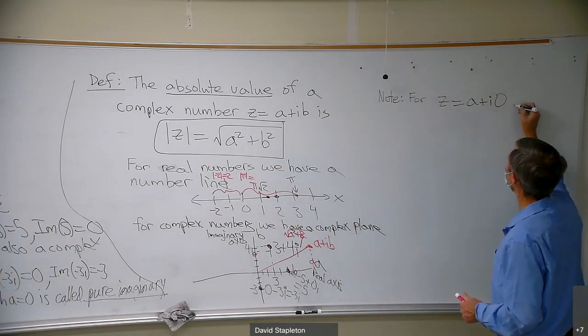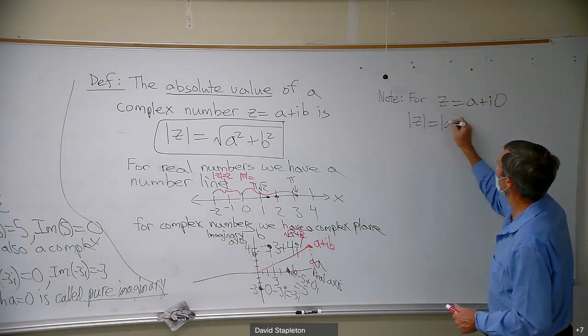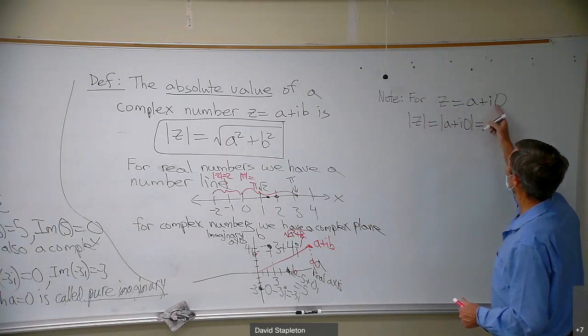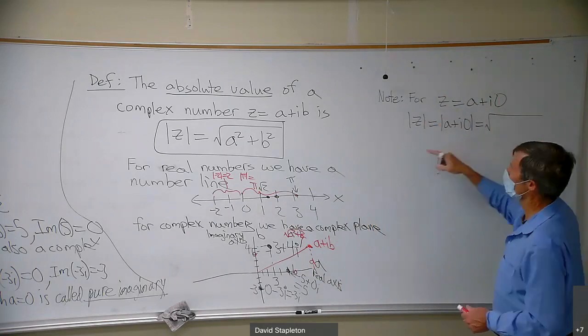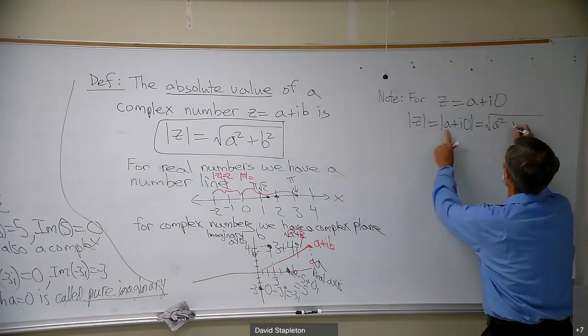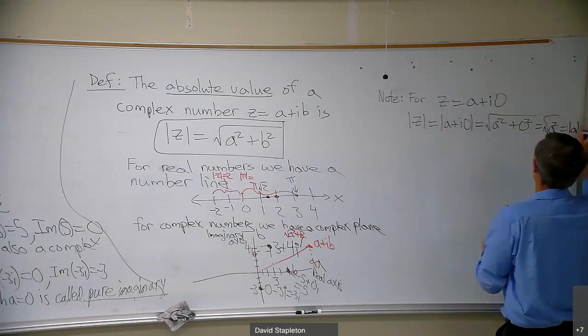The absolute value of z is now the absolute value of a plus i0. So any real number z equals a now has absolute value square root of a squared plus b squared. The square root of a squared plus 0 squared is just the square root of a squared, but the square root of a squared, remember, is just the absolute value of a, right?